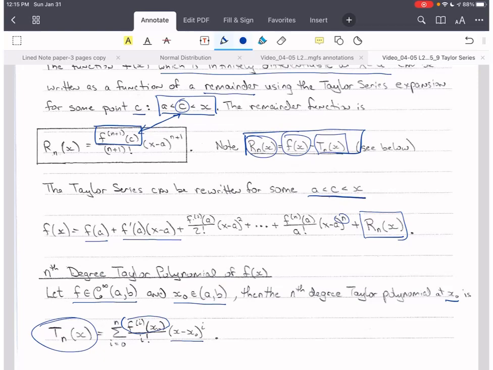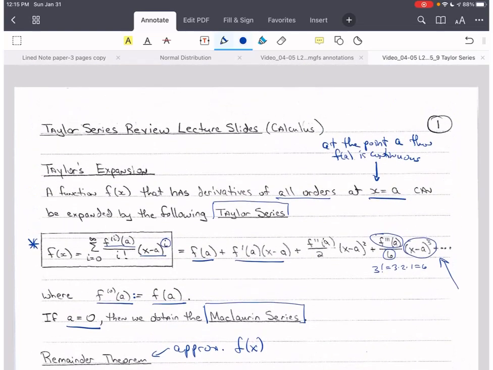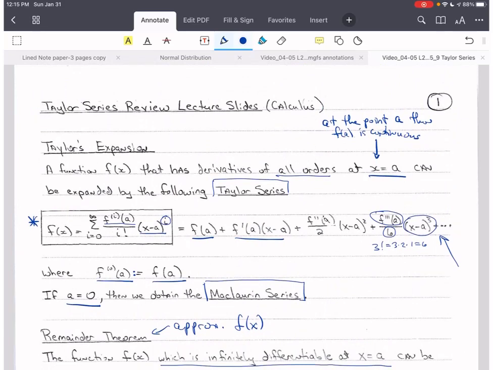Now I could write this, so we could go back to here and we could write T sub n of x is equal to the sum from i equals 0 to n of the ith derivative of f at a over i factorial times x minus a to the i.